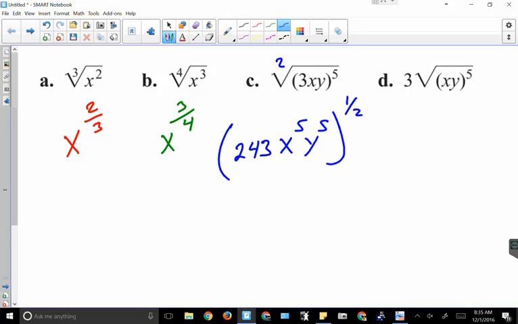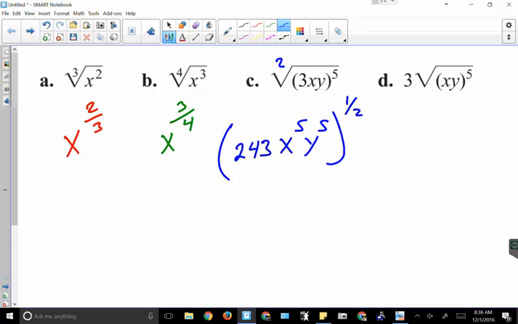Now, if we were to go through and do this all of a sudden it looks really ugly, doesn't it? A little bit of nastiness going on. Okay? There are a lot of different ways of dealing with this, and it all depends upon what you see, what comes to your mind to begin with. So the most straightforward way I've got is this. Can I take the square root of 243? And the answer is actually not really. I can't come up with a nice whole number. So, should I leave it that way?